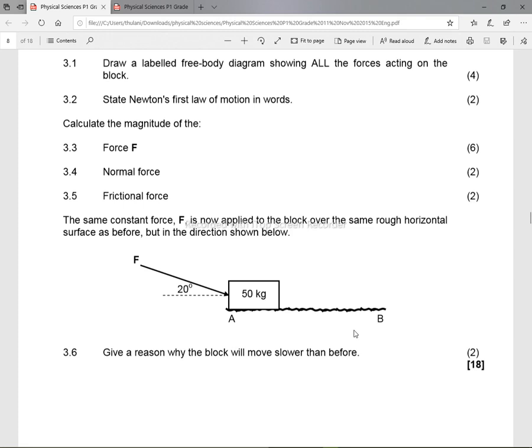So that was it for today, guys. I did teach you how to resolve the forces, determine the resultant force, as well as the magnitude and the direction. And also we did Newton's second law of motion, how to apply it, how to resolve the forces.